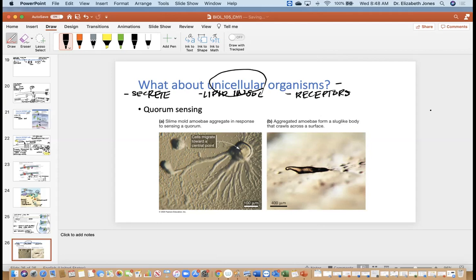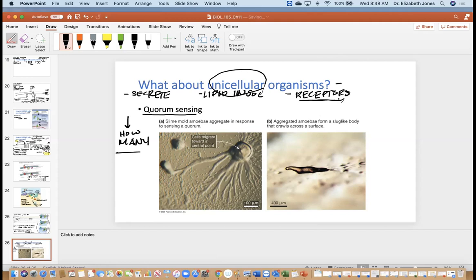But what a lot of bacteria or unicellular eukaryotes do is something called quorum sensing, where they can tell how many organisms there are in a colony or how many organisms there are nearby. And so what they do is they secrete a protein that the nearby cells can sense using receptors.